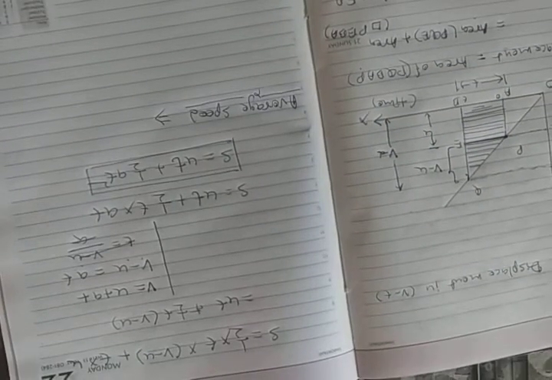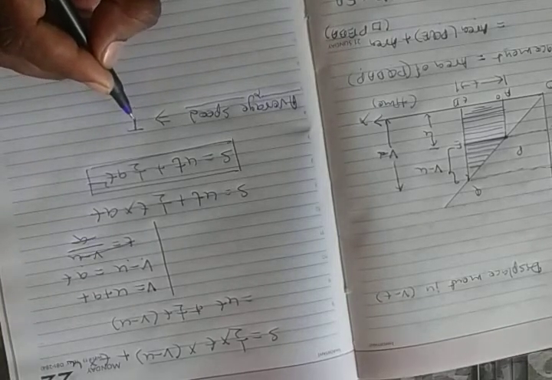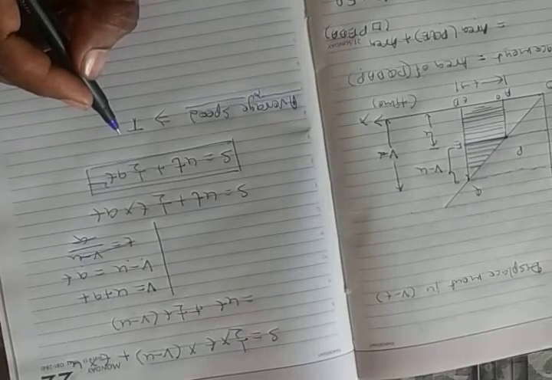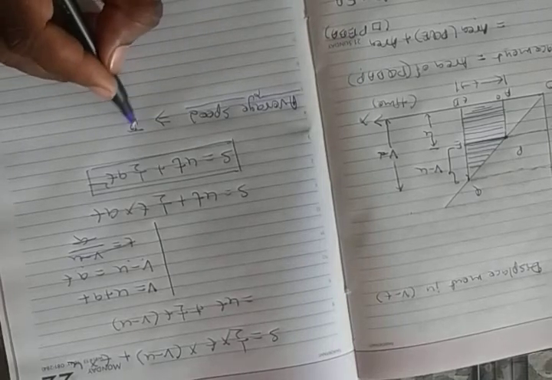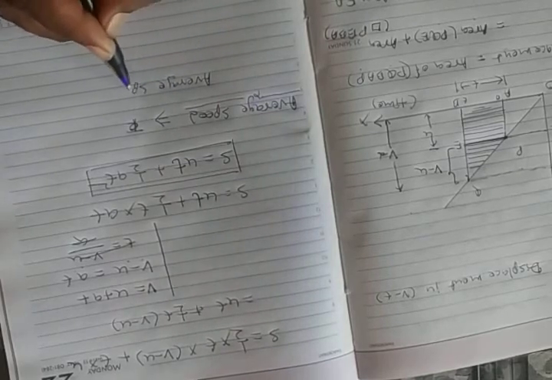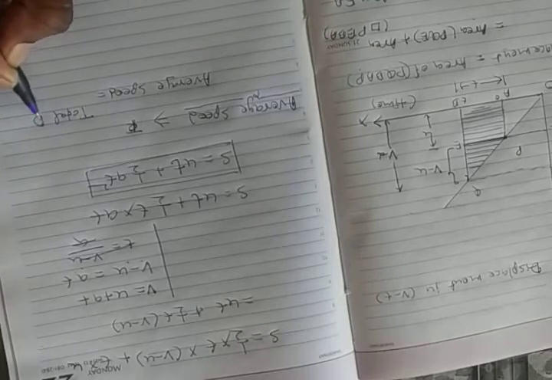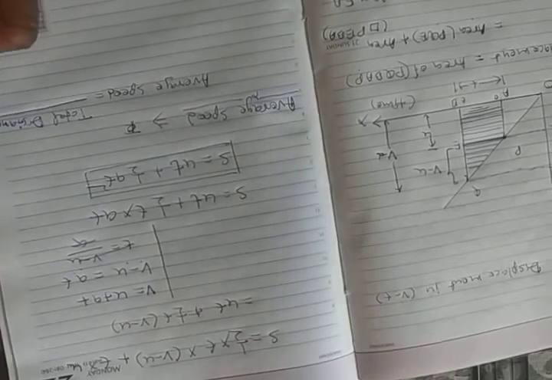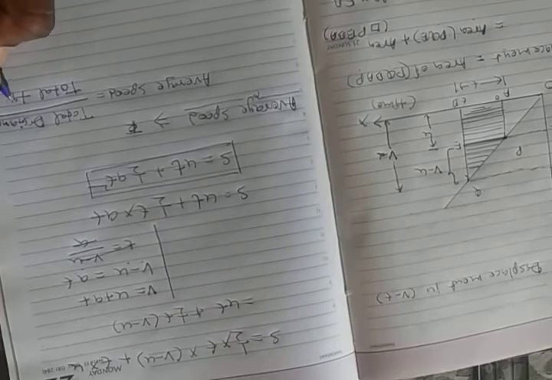Now average speed: the ratio between total distance and total time is called average speed. That is, average speed is equal to total distance upon total time.